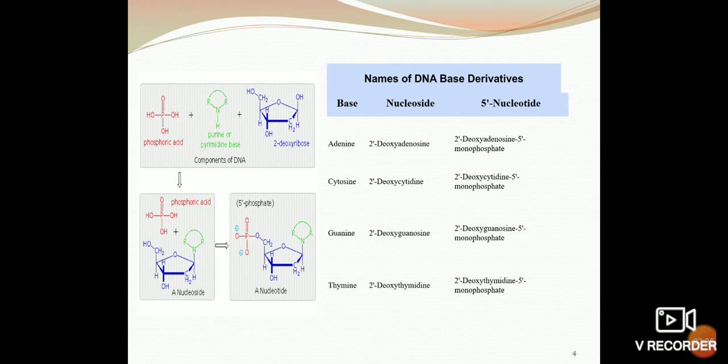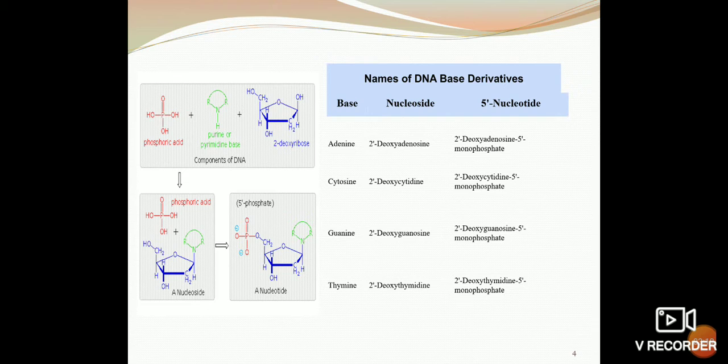And if a phosphoric acid molecule is also attached to the deoxyribose sugar at C5', then it is a nucleotide. So a nucleotide has all the 3 components P, S and B, that is the phosphate, the sugar and the base.